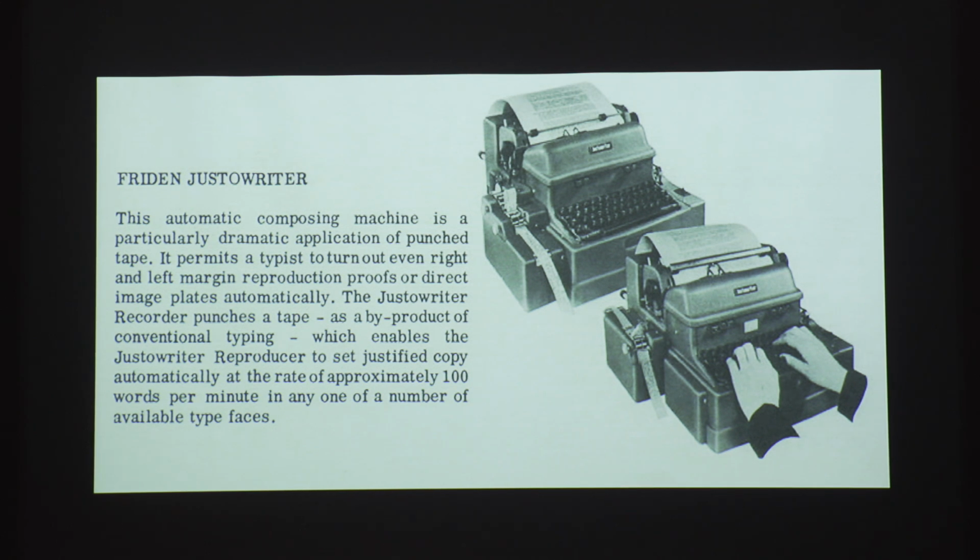The Friden Justowriter was one of these systems, and the type would be entered into a recording machine, and then punch tape would come out, which would then be entered into a reproducer, which would output camera-ready type with proportional spacing and justified text. It wasn't as good looking, but it got the job done.